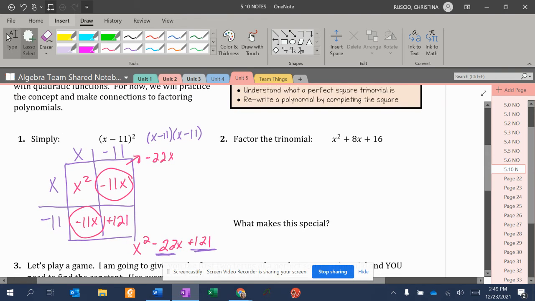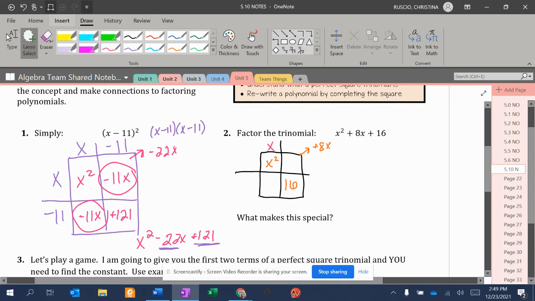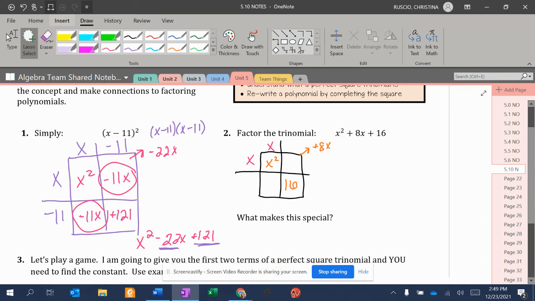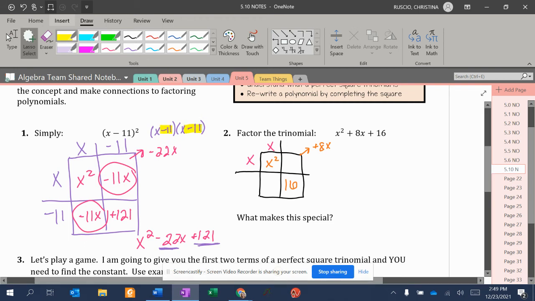So I want you to look at number 2, and when we factor this, we're going to use the box, but remember we use it in a different way. We go backwards. So we put the x squared here, the positive 16 there, and the positive 8x here. x times x is x squared, and we have a few numbers that add to 16, but we're trying to establish this concept of the same number being used as part of the factors, like in example number 1, where we had minus 11 and minus 11.